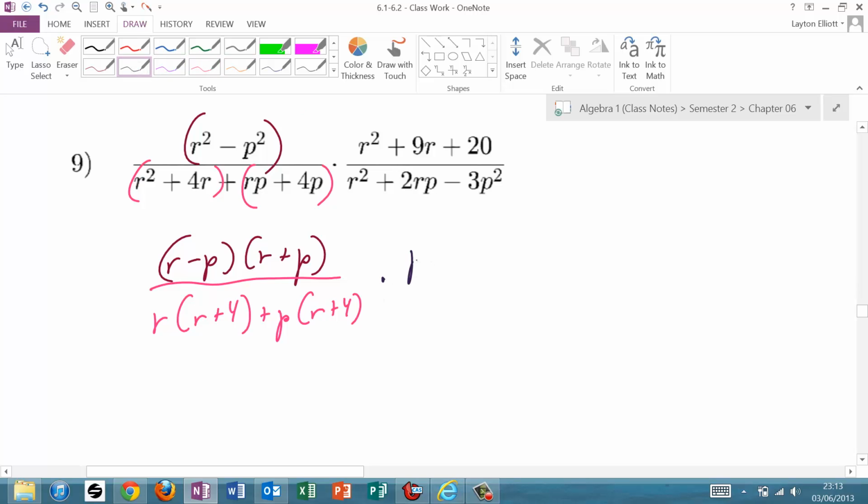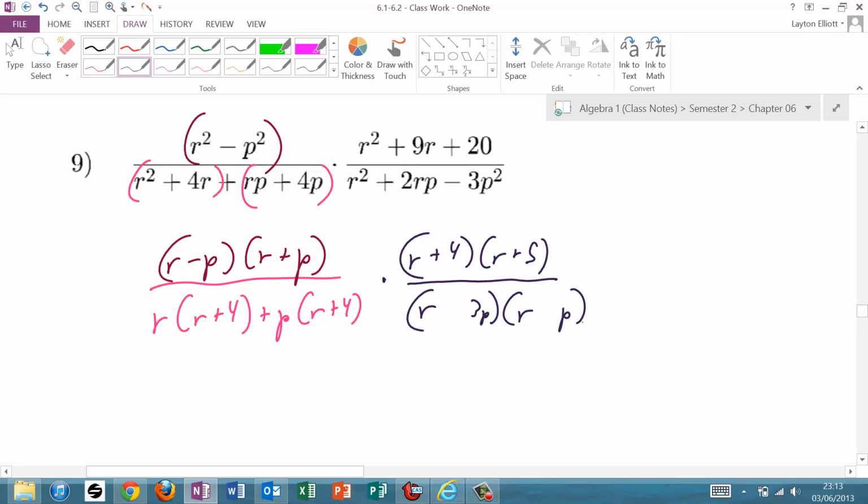And I have a times p, this would be r plus, why do I keep writing p? R plus 4 and an r plus 5 over, this is going to be r and r, 3p and p, and I want to do a plus 3p but minus rp. Plus 3rp minus rp.